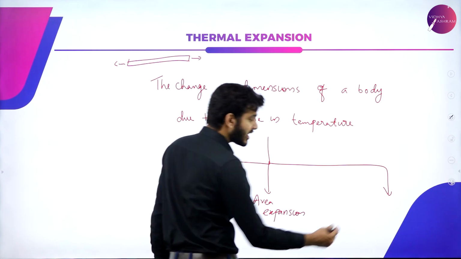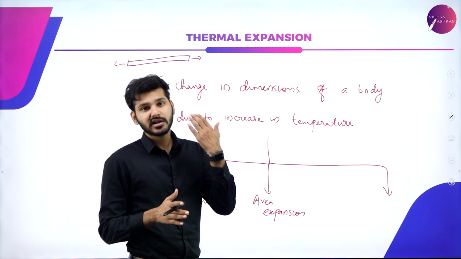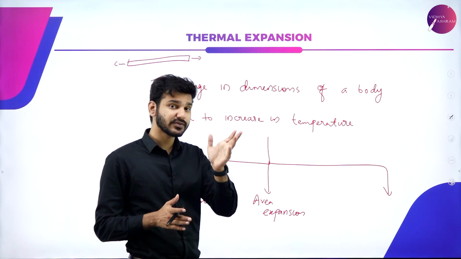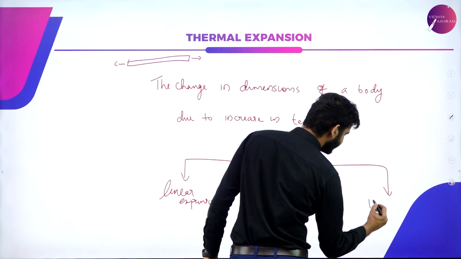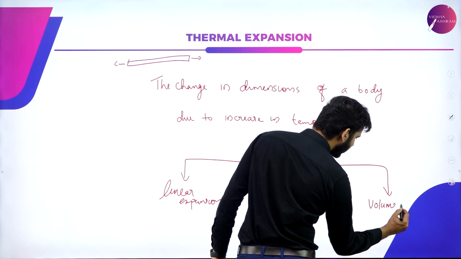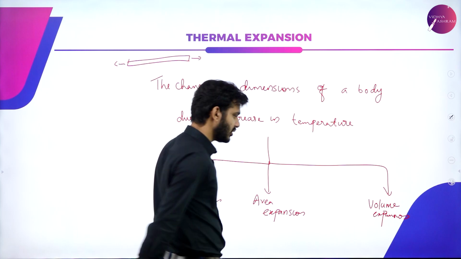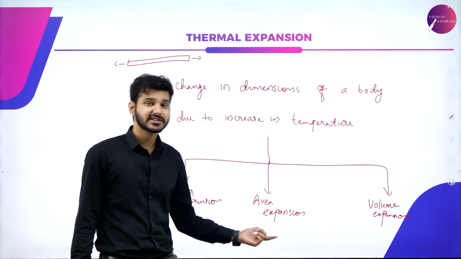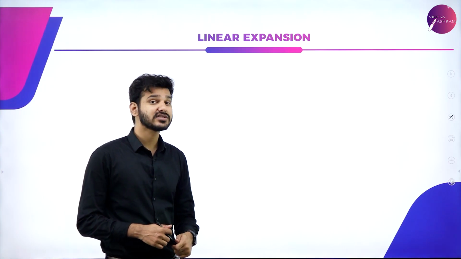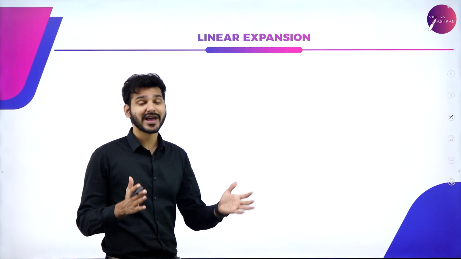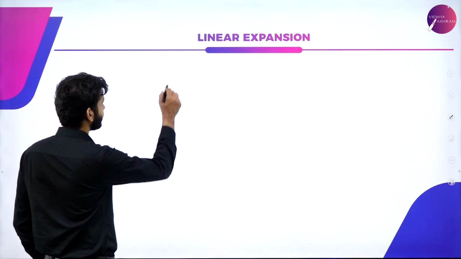And finally, if you heat up a steel cube, there is an increase lengthwise, breadthwise and heightwise, which means that it is a volume expansion. So you have linear expansion, area expansion and volume expansion. Now, we'll see what all these three expansions mathematically mean. First, let's start with linear expansion.